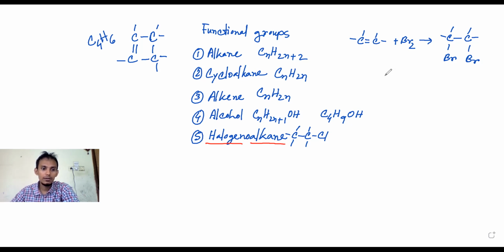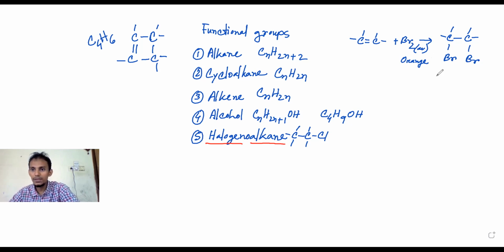Didn't we read it in addition and substitution reactions? Yes. So you have studied it as addition reaction of alkene, and it was a bromine water test. This bromine water is aqueous, and the color was orange. And when the reaction took place with alkene, it was colorless.